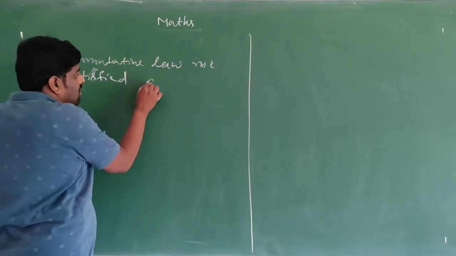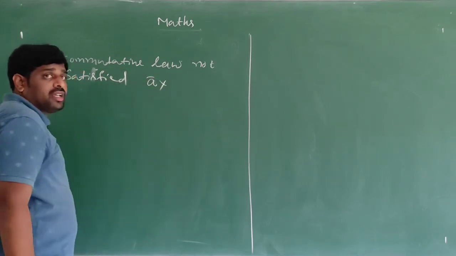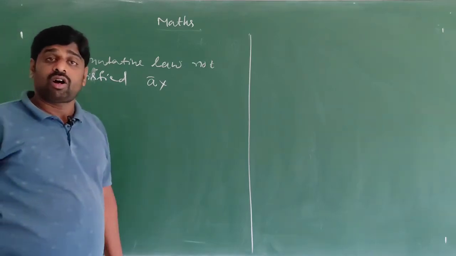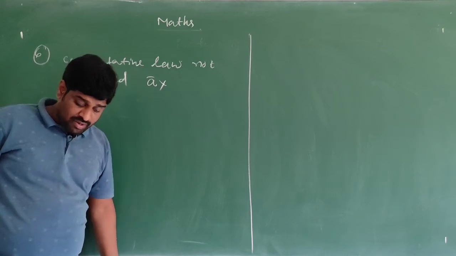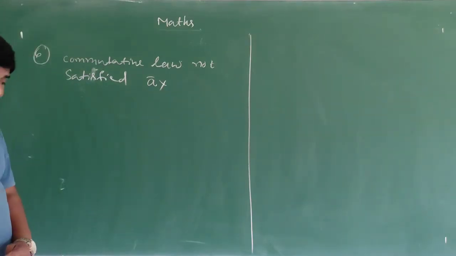What is the commutative law? In the dot product of vectors, the commutative law is satisfied. But in the cross product of vectors, the commutative law is not satisfied.